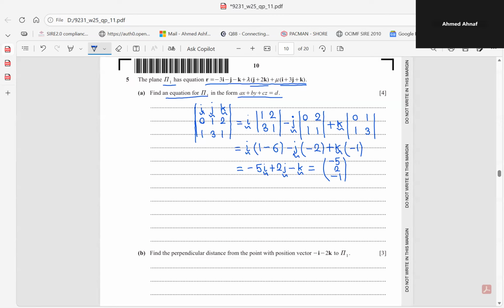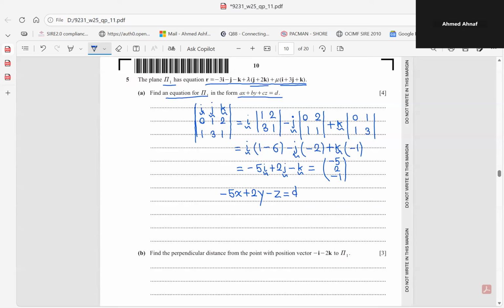Okay, so now we can fill up our ax plus by plus cz. So a is minus 5, by is plus 2y, and then cz is minus z equals to d. Okay.